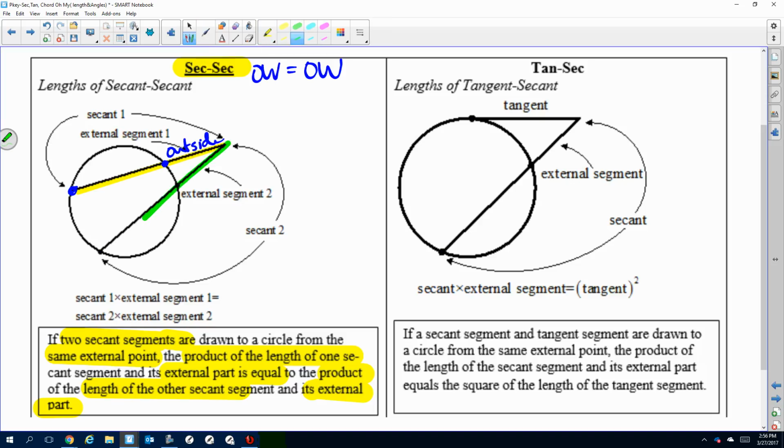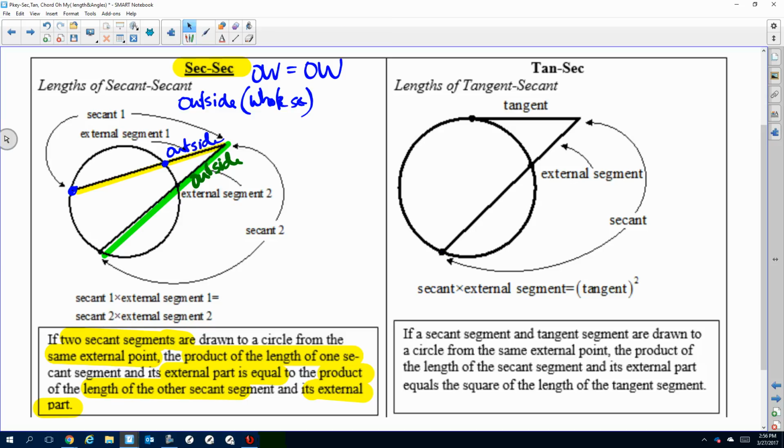You have the whole secant, but then you also have the outside part. So for secant, secant, you always take whatever's on the outside and you multiply it to the whole secant.